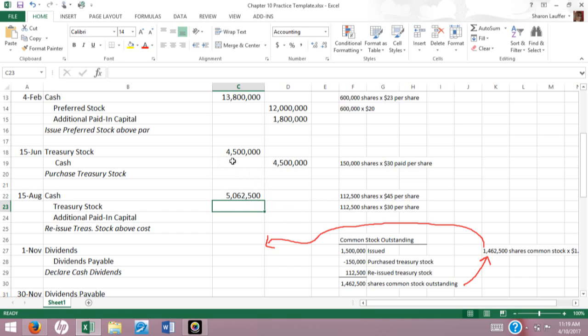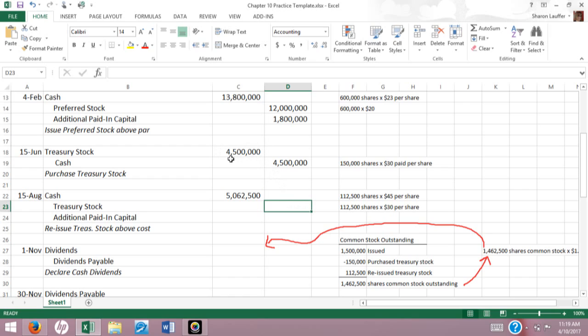Now we had a debit balance up here in our treasury stock account where we purchased that treasury stock. So we need to reduce that because now we don't have all those shares, because we reissued some of those. So when we reissue treasury stock, we're going to take out of treasury stock an amount that's equivalent to the value of those shares that we put in.